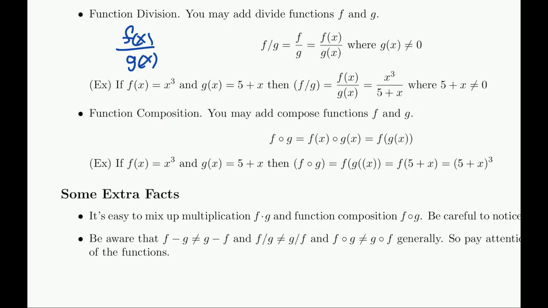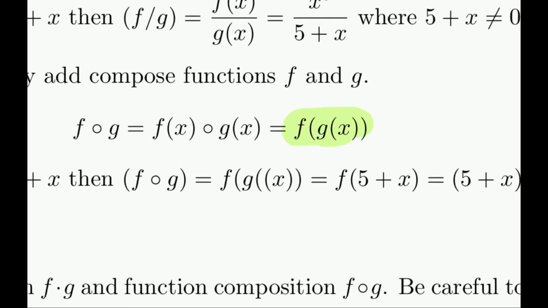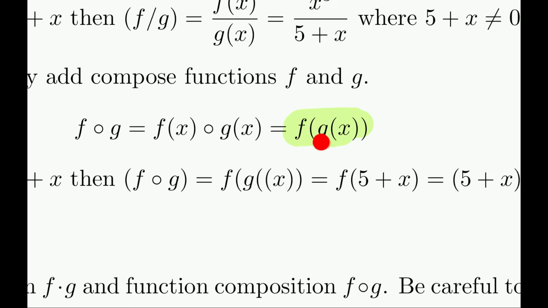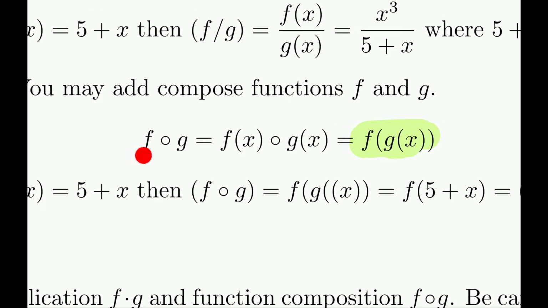And so the notation is something important to notice here. So if you wanted to write f of g of x like this, you could of course write it like this, but the other way to write it is f of g of x like this. And so they use this open circle symbol to indicate function composition.